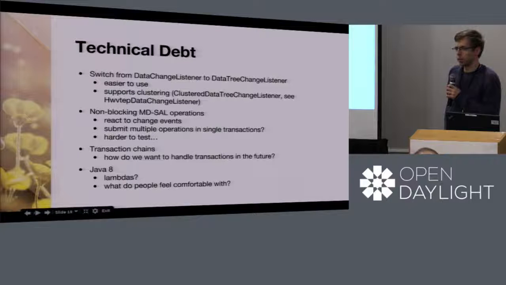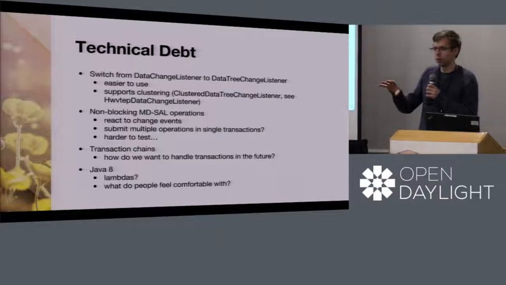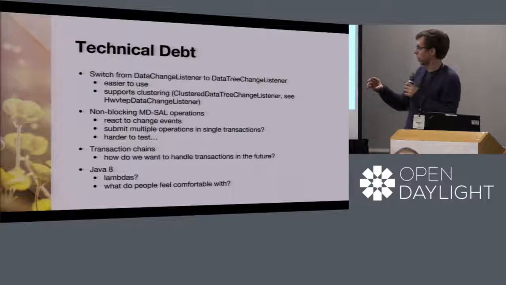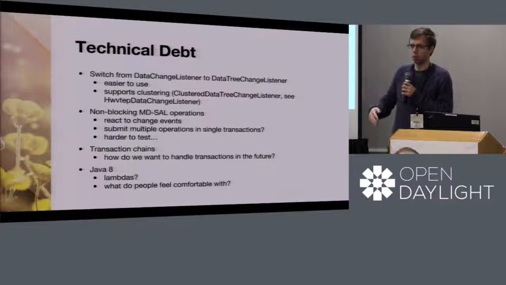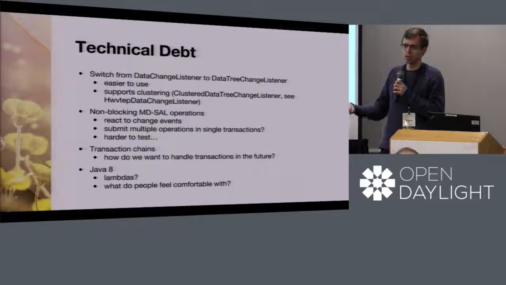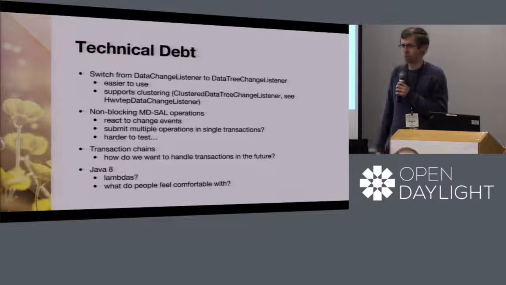If we can get coherent sets of changes from a functional perspective into a single transaction and send that in one shot, it will be faster in the MD-SAL, and if something goes wrong, we can roll back the whole transaction.